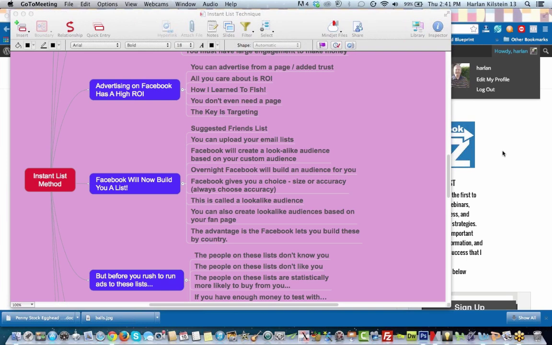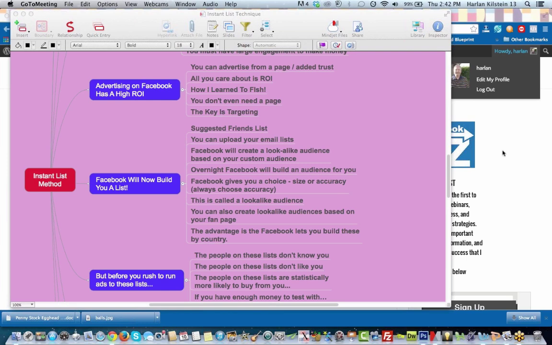You want to create a lookalike audience, and you want to create a lookalike audience based on your email list. Facebook will give you a choice: do you want a big list or do you want an accurate list? The choice, of course, is you should always choose accuracy.